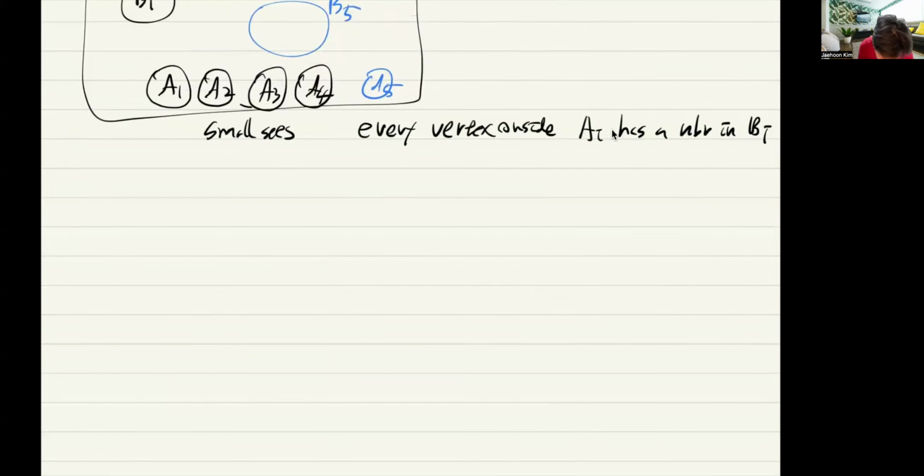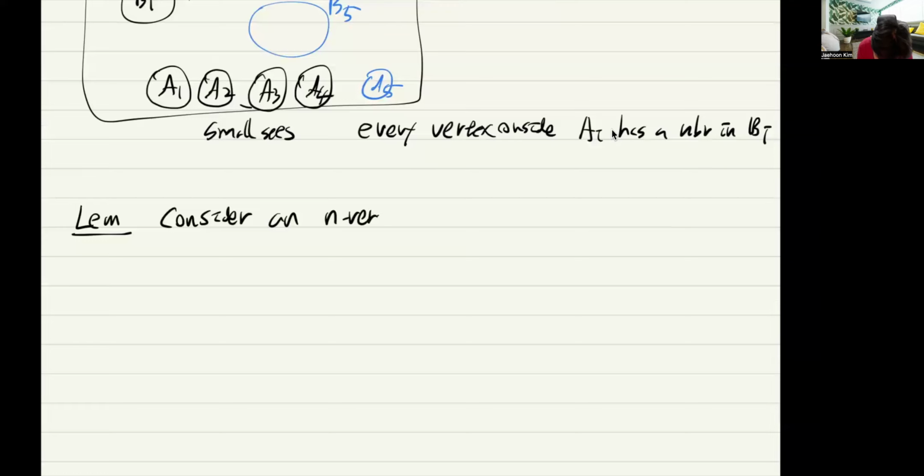With that plan in mind, we prove the following lemma. Consider an n vertex graph H with minimum degree at least n over 6.